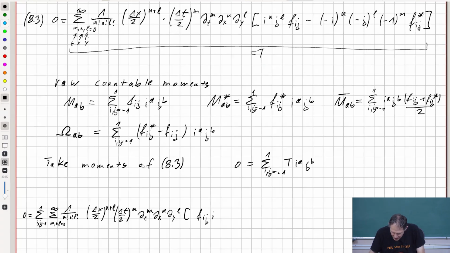Yes, so we have the moments to the power of a. We have i to the power of a and j to the power of b here, right? So what we have to do is add a to n, and add l to b.